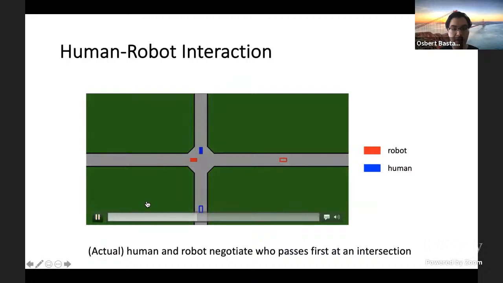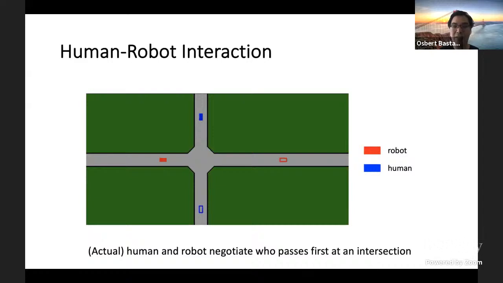As you can see, there's a pretty complicated negotiation process that happens at the intersection where the human and the robot are trying to pass first, but simultaneously trying to avoid this accident. To achieve this kind of behavior, the robot has to be able to plan in a way that accounts for how the human responds to its behaviors. This is why we need game theoretic formulations of the human's actions.